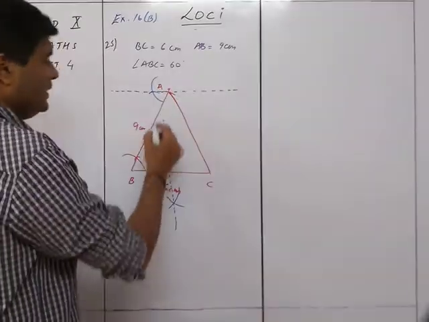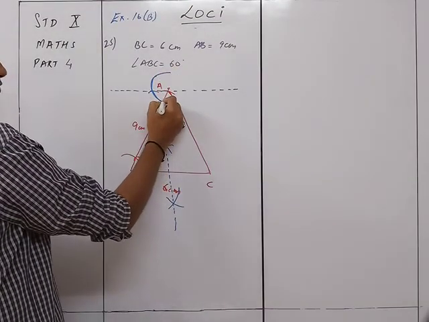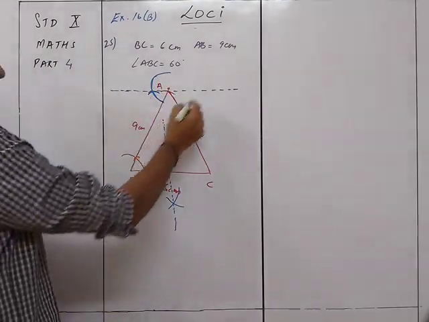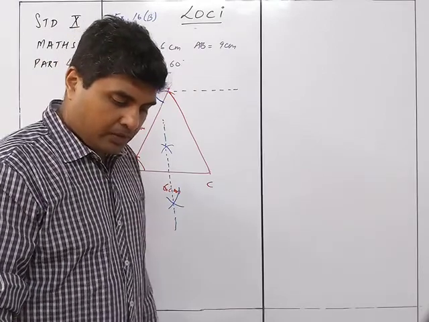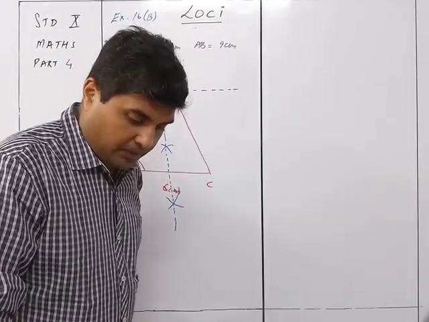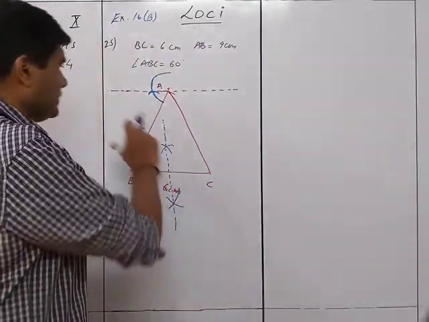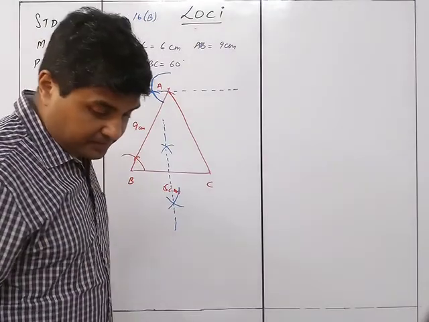From this particular point draw an arc, a semicircle, and then from this point another arc. So this will be 60 degrees. So this is the required parallel line. That was the answer to question number 25, third part, the locus of the vertices of the triangles with BC as the base.